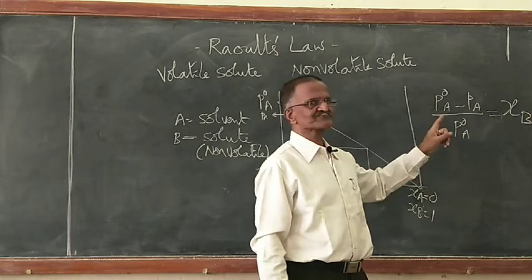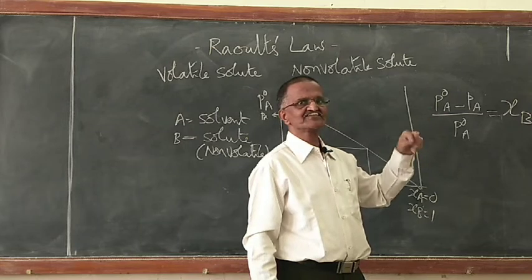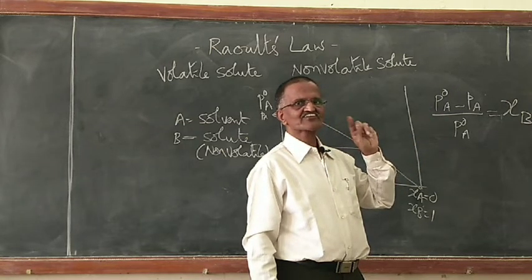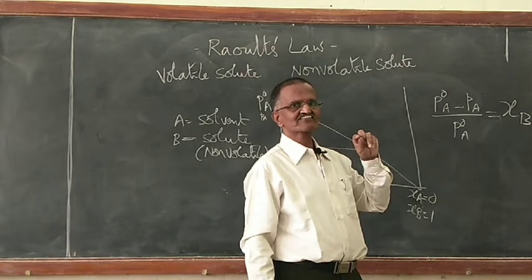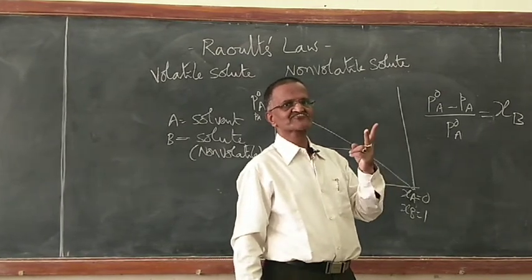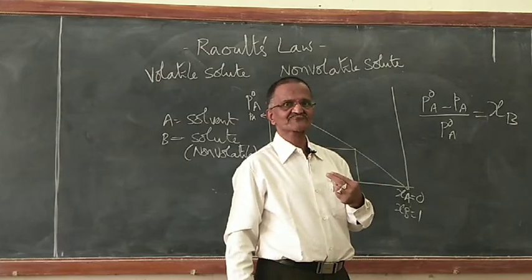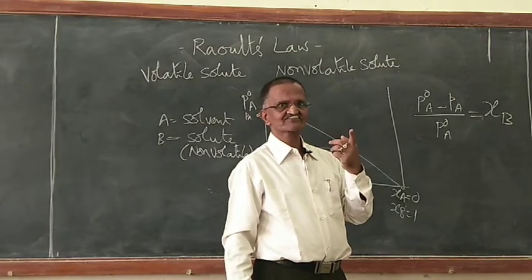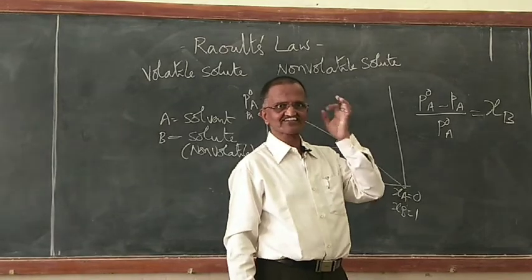What is xB for me? Mole fraction of B. What is the mole fraction of B? Again, we calculated it: if I have two components, how do we find the mole fraction of a component? Any doubt?